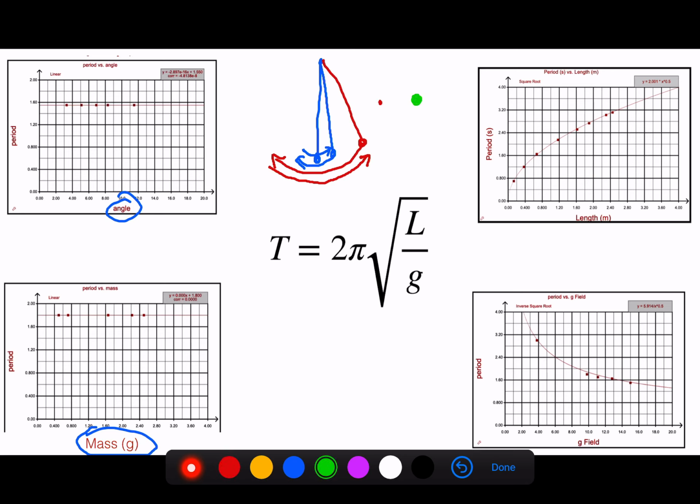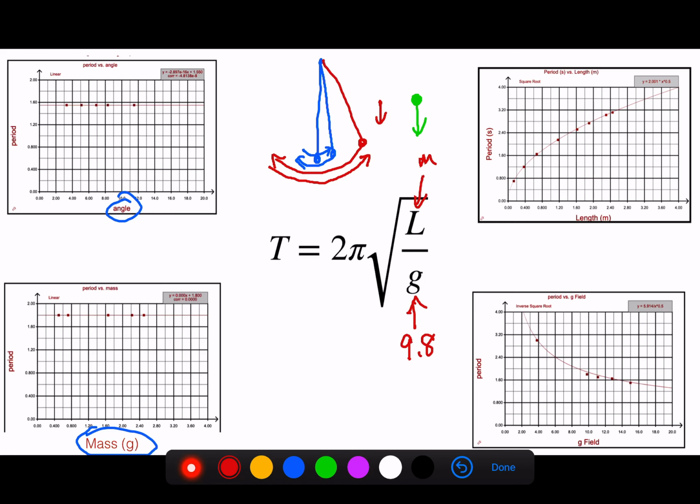With mass, it turns out that small masses and big masses fall at the exact same rate. So just like free fall, the pendulum is controlled by gravity and mass does not affect that. This G is the gravitational field on Earth or the acceleration due to gravity on Earth, and that would be 9.8.